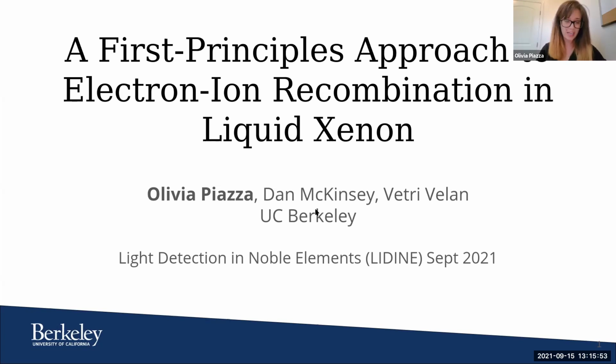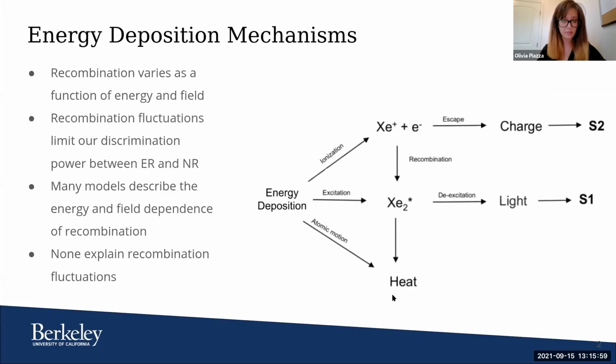We did this by carefully considering the kinematics, electrodynamics, and nuclear interactions of particles within liquid xenon systems. I assume most of you are aware of this picture on the right. In liquid noble time projection chambers, signals are generated in two forms: ionization events and escaping electrons, leading to S2 signals, whereas photons released in recombination of electron-ion pairs and the de-excitation of dimers create the S1 signal.